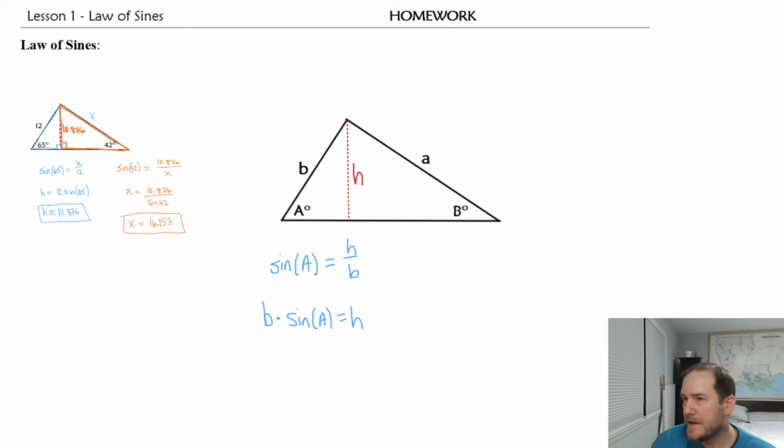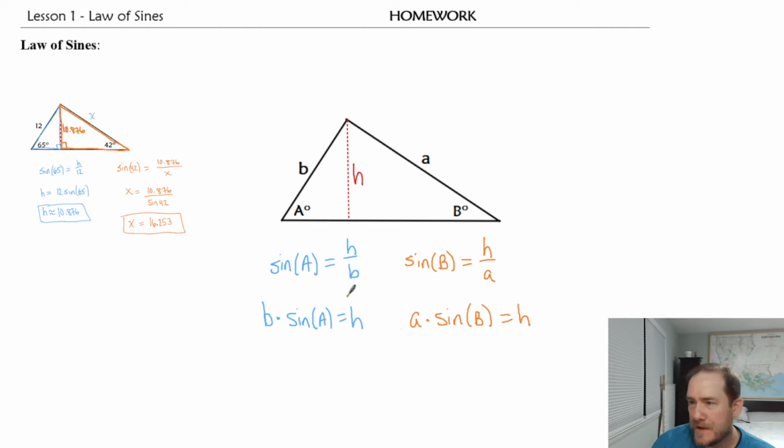Alright, but hold up. If I hop over to the other triangle, the one on the right, then I could write a different equation to model this height. I could say that this time it's the sine of angle B. That equals the height divided by A. And again, I could multiply by A. So A times the sine of angle B is equal to the height.